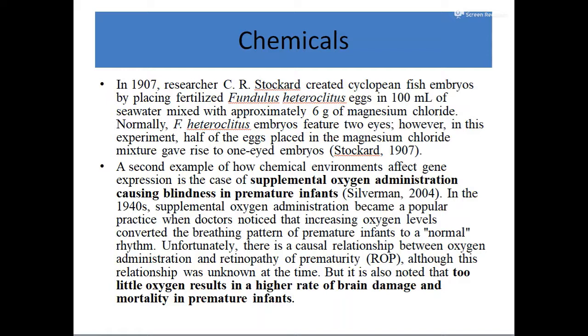But if you give a higher level of oxygen after the baby is born prematurely, other genes responsible for retinopathy, or retina damage, would be triggered and blindness would result. So normal chemicals such as oxygen itself play a role in the phenotypic expression of a particular gene. And of course, we now always try to give an optimum oxygen supplementation for infants.